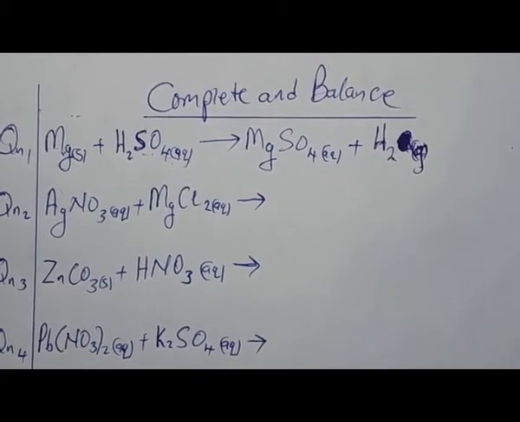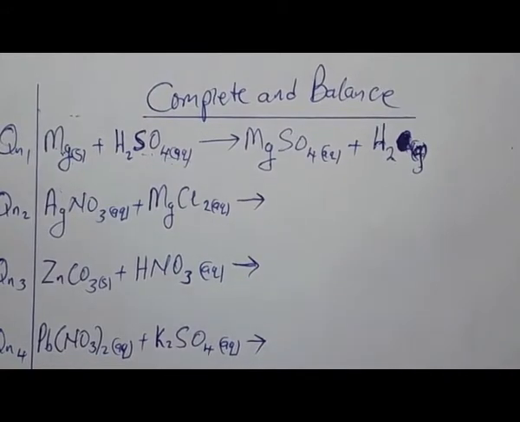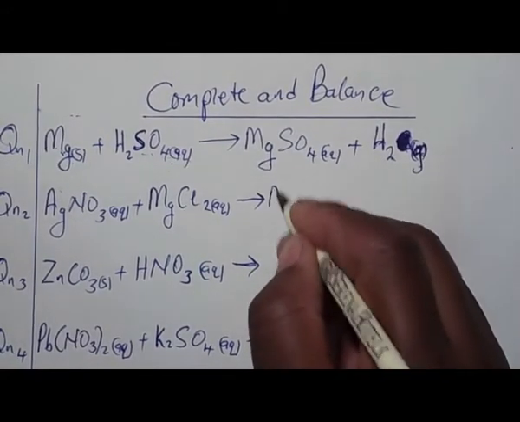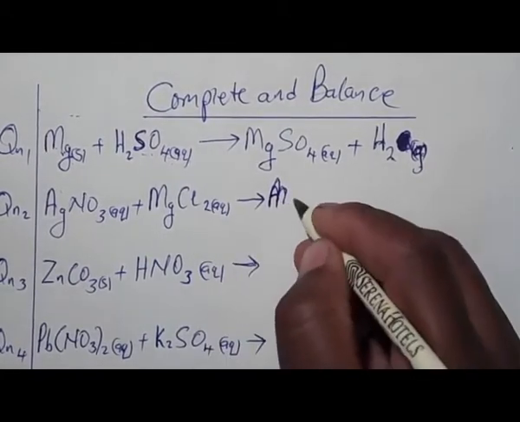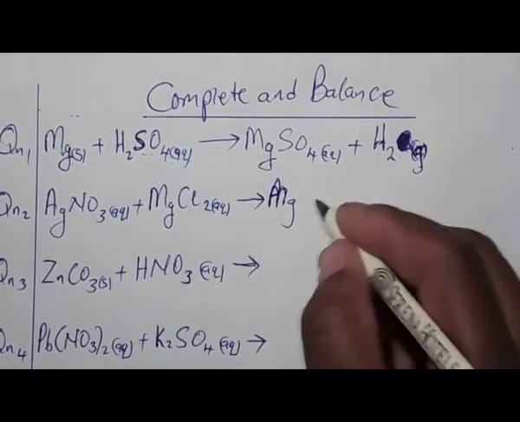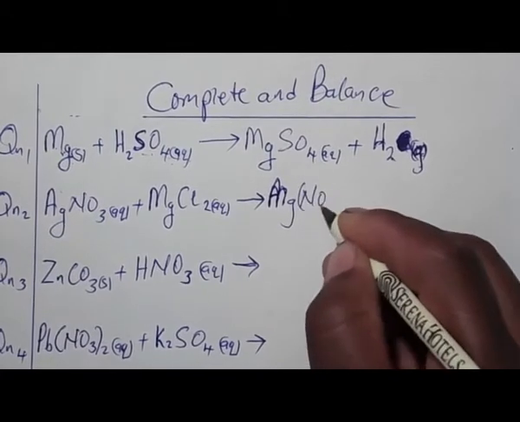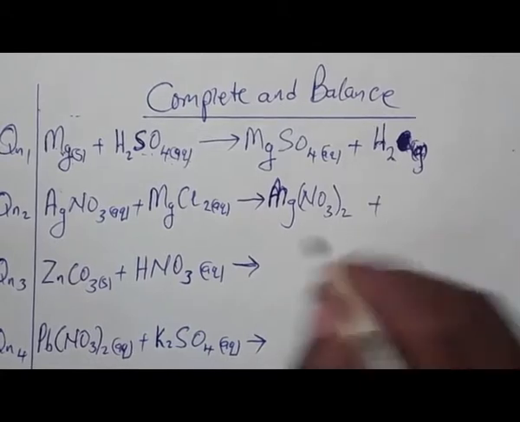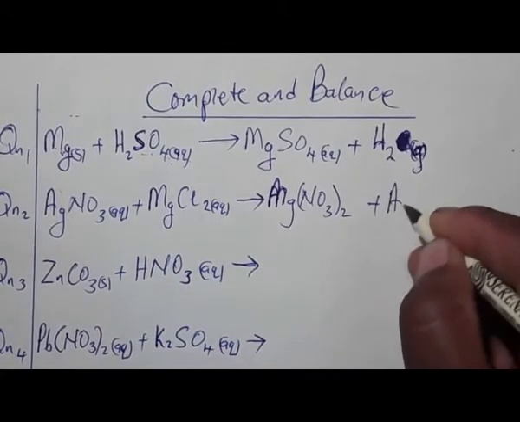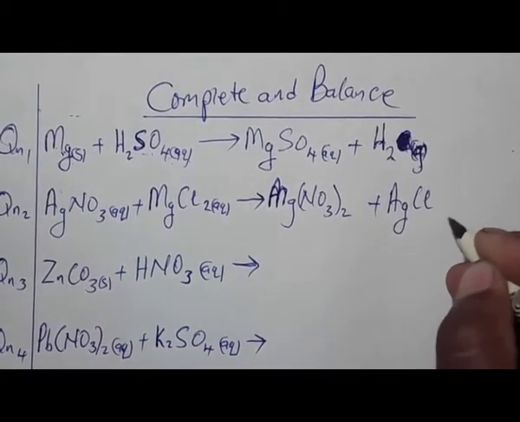Is it balanced? It is balanced. Now, let us proceed. Number 2, we have silver nitrate plus magnesium chloride. What we get is magnesium nitrate plus silver chloride.